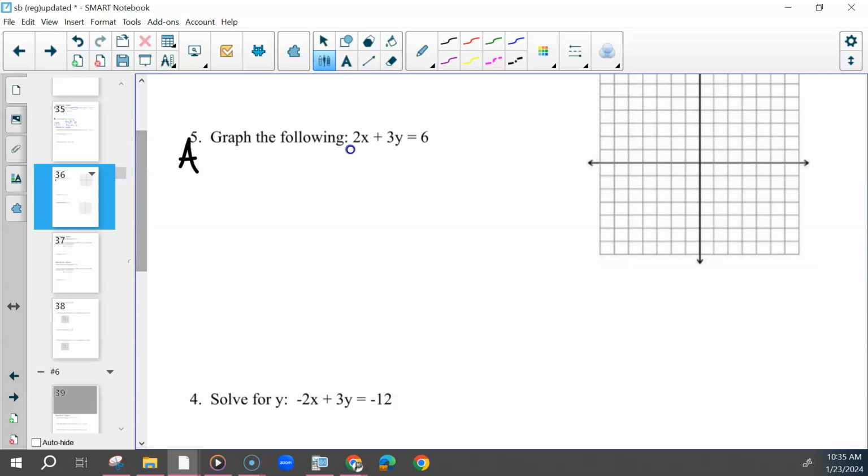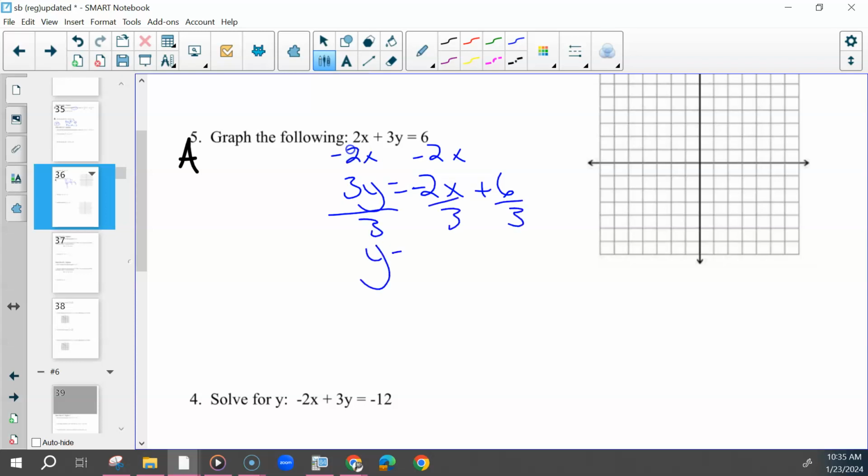To graph this, we have to solve it for y, get rid of x by subtracting, and divide everything by 3. And then graph that, start at your y-intercept, positive 2. Your slope is negative 2/3, so up 2, left 3 as many times as possible, and down 2, right 3 as many times as possible.